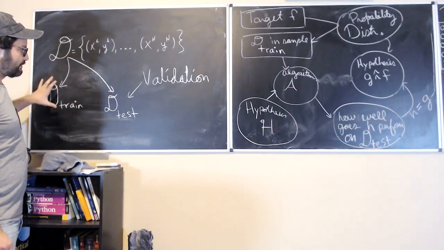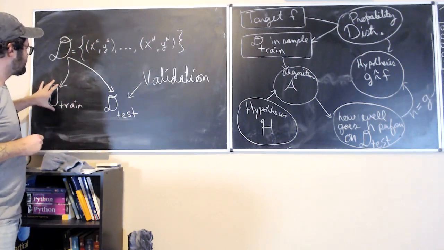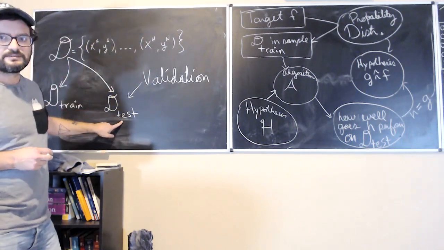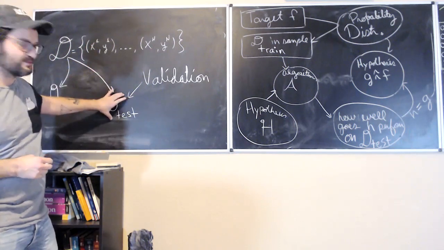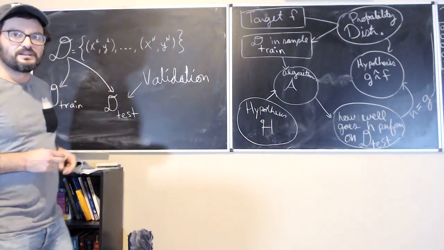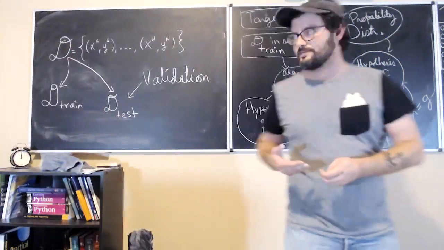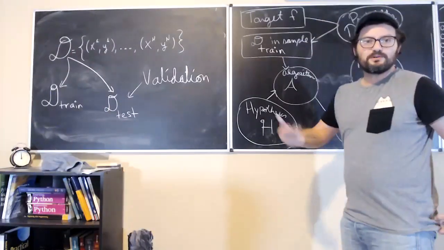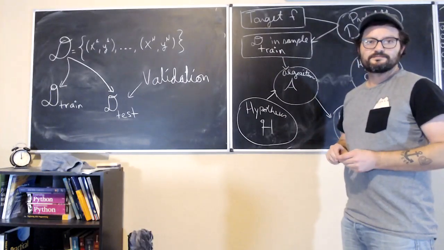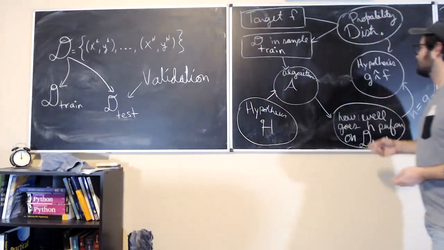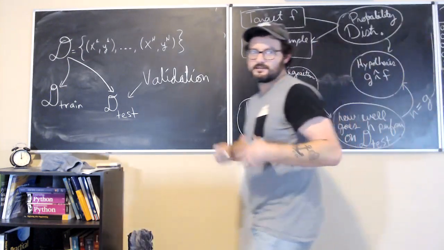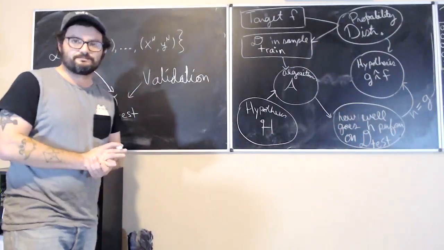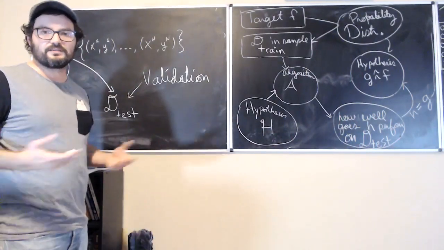Once we've made our model, our hypothesis, we can test it on the data that it hasn't seen, that we own. It's important to know that we own that data. We just exclude it from being used when building our hypothesis. That gives us a glimpse about how well our final hypothesis does on the data that we haven't seen yet. And the more data that you have, the better.